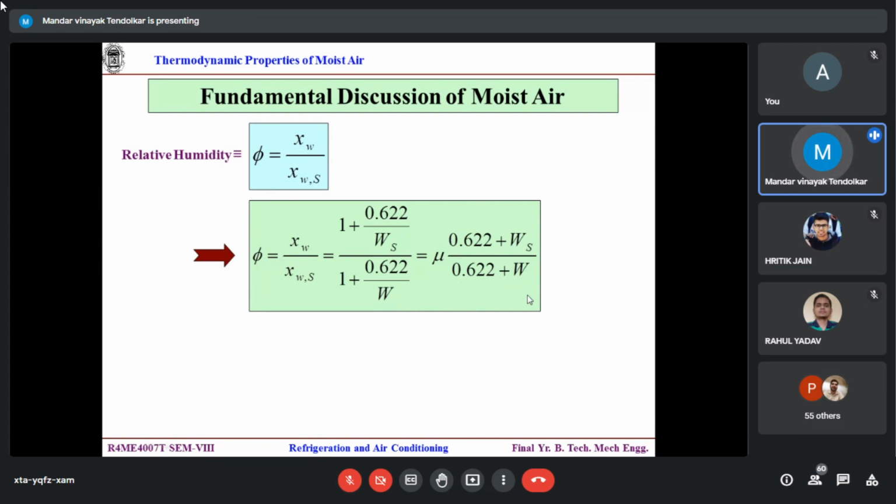Looking at this expression, you will see that this is bridging the gap for phi, that is relative humidity, mu, that is the degree of saturation, and W, that is humidity ratio. So this is my final expression, which has all three parameters. Any two will be given to you, the third you have to calculate.